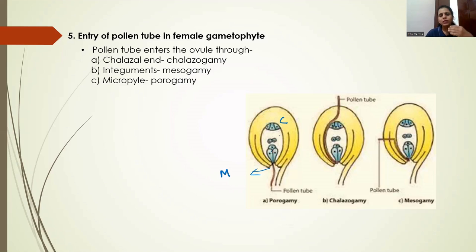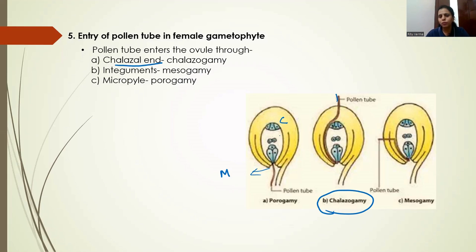There are three ways in which the pollen tube enters inside the female gametophyte or the embryo sac. If the pollen tube enters inside the female gametophyte through the chalazal end, as you can see here in the second picture, this female gametophyte is receiving the pollen tube through the chalazal end.